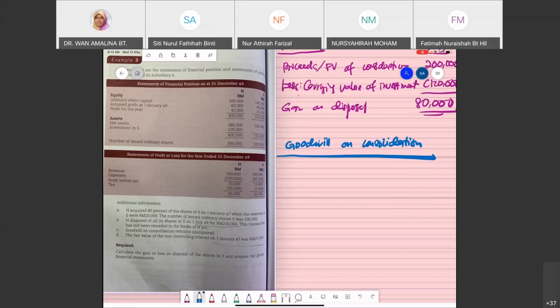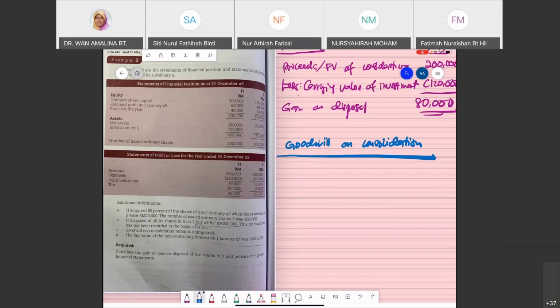But what happened is when an investee becomes an associate or investor loses control, dia loses control. So under 17.2.2, page 625, when the investor loses control but retains some of the interest, the investor is deemed to have disposed of all of its interest in the investee and repurchased the retained asset.